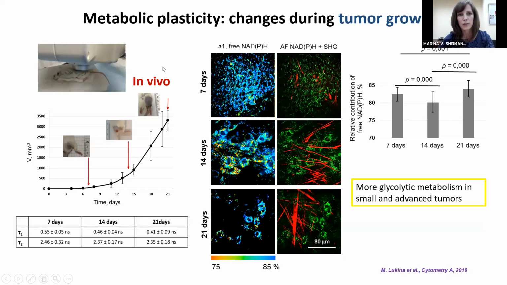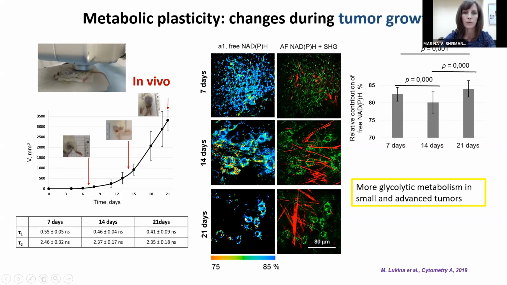These observations for the patients' tumors are consistent with our previous data that we obtained on mouse tumors in vivo. We monitored cellular metabolism in the mouse tumor in vivo during tumor growth, over long periods of time, from the time when the tumor was very small to when it was very large.